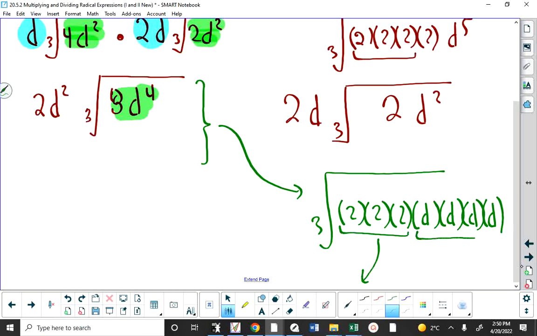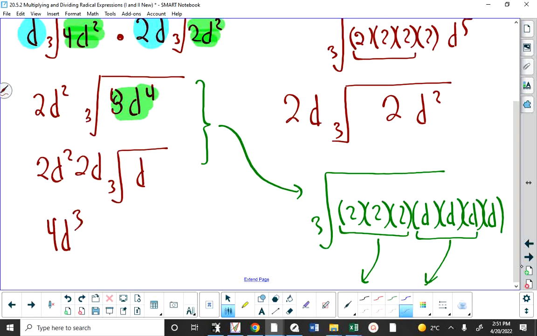I can take out 3 of the 4 d's, leaving me with 2d squared, which I had. I removed another 2, and I removed another d, and then I have the cube root of whatever's left over, which is just a d. So I end up with 4d cubed, cube root d.